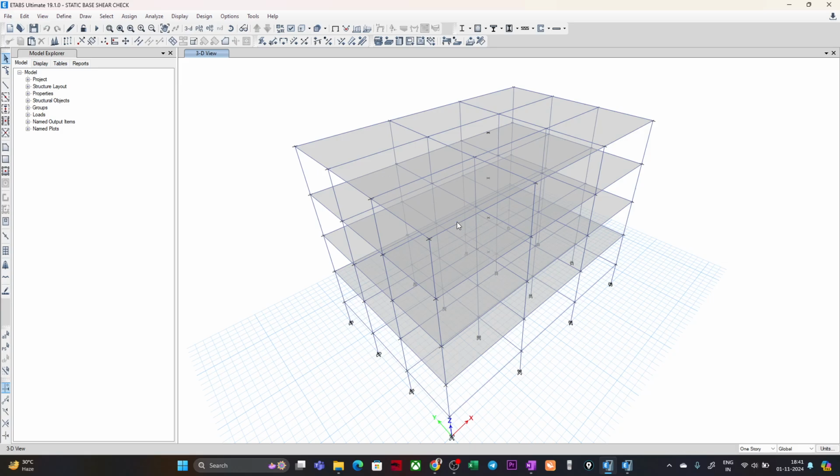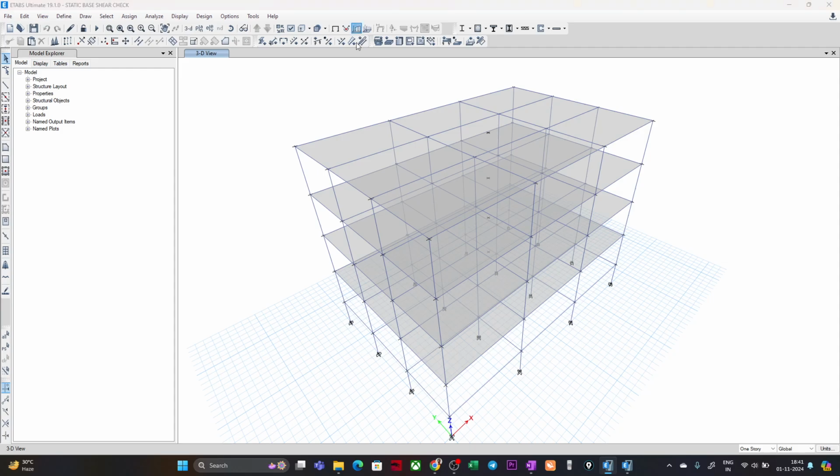So these elements should have properties similar to the physical structural element, and these joints which are connecting these elements should also represent the joint between the physical members.